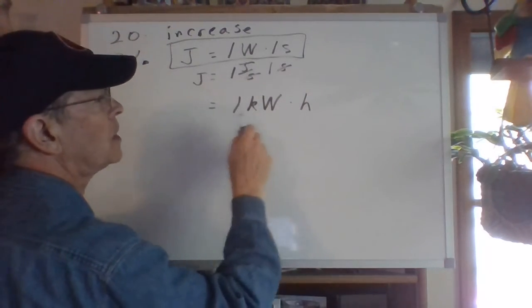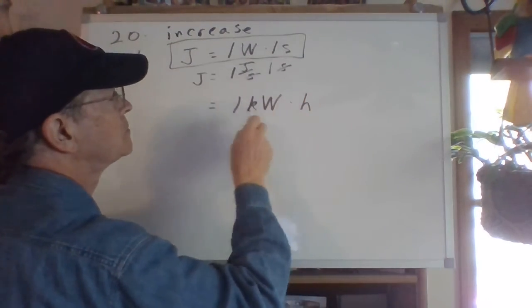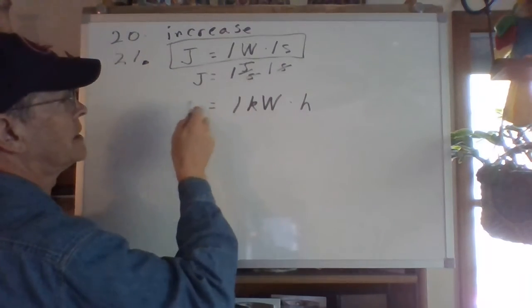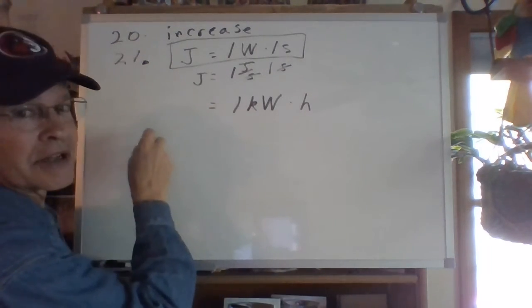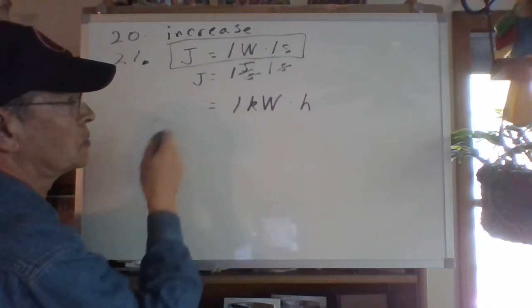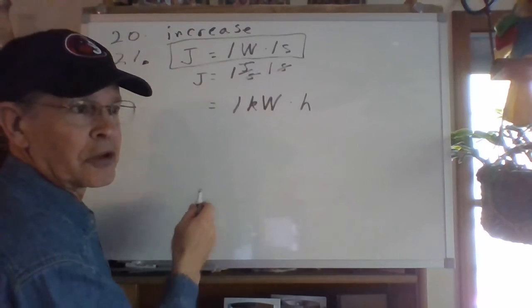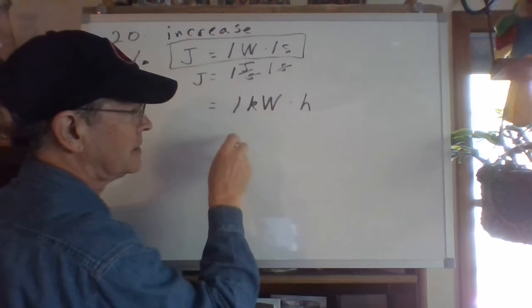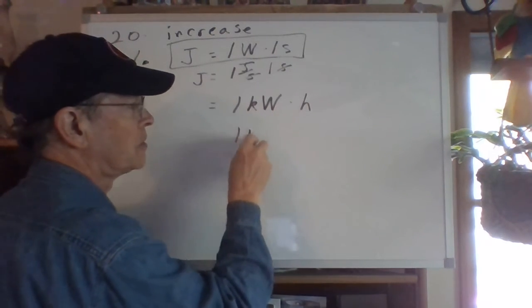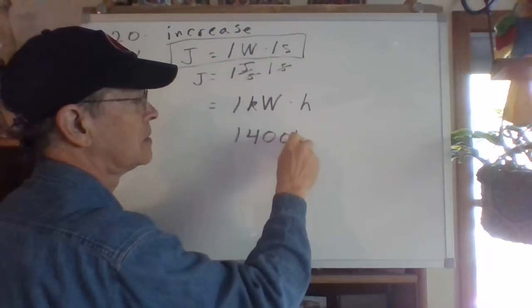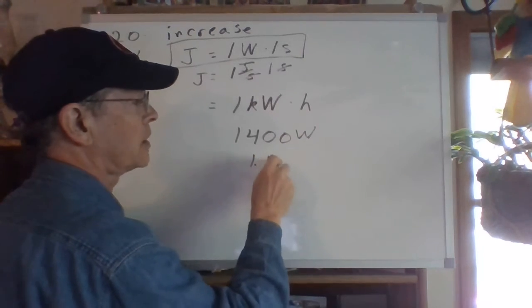So it's a kilowatt hour. It doesn't have a derived name like the joule or anything. It's just a kilowatt hour. So if you look on the device, maybe your hair dryer, for example, if it says 1400 watts, that's 1.4 kilowatts.